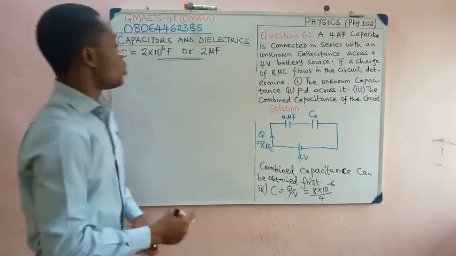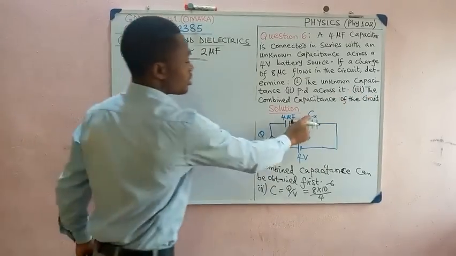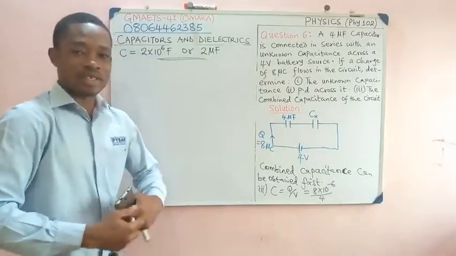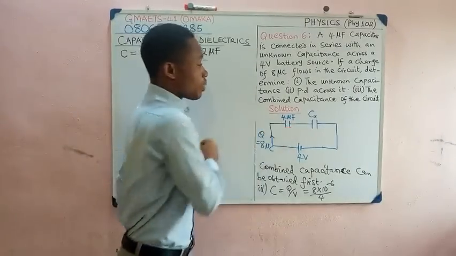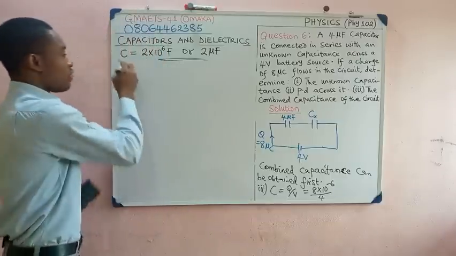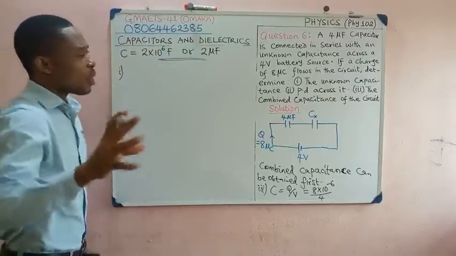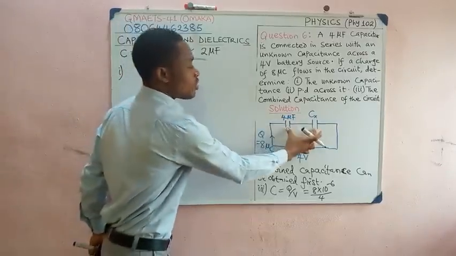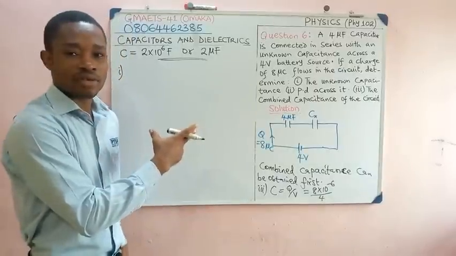With this combined capacitance, we can now get the value of the unknown capacitance because we know the value of the capacitance of this capacitor. So that will now take us to the first part of the question. These capacitors are arranged in series.